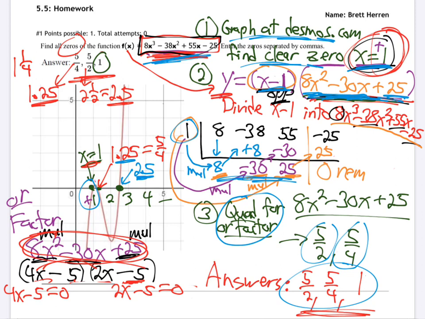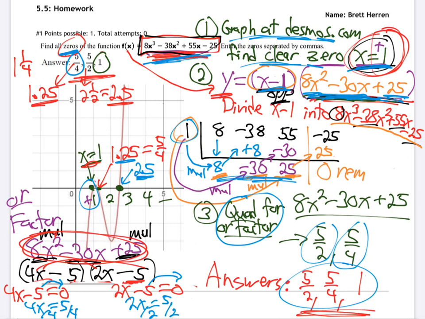So then you would jump over the 5, and it would be 4x equals 5, positive 5, right? When the negative 5 jumps to the other side, it's positive 5. We're setting it equal to 0 because we're trying to find zeros. And then you would divide by the 4, 5/4. See, there's our 5/4 answer. This one, jump the 5 over, and it becomes a positive 5 when the negative 5 jumps to the other side.